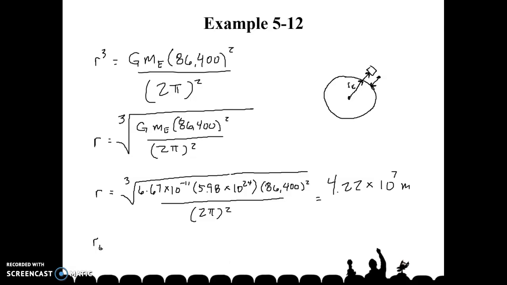So the radius of the Earth, if you remember, we wrote this down earlier, is 6.38 million, so that's times 10 to the 6th, meters.